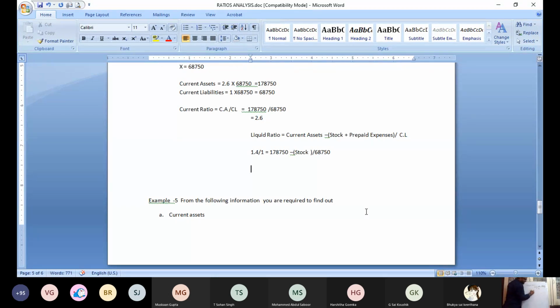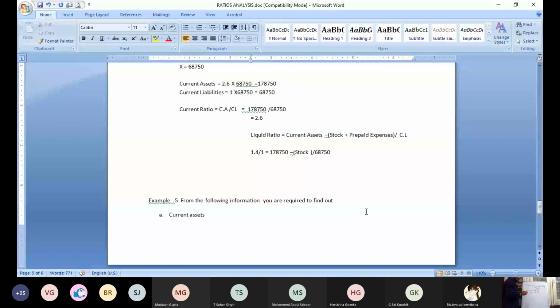You know the current assets, that is 1,78,750. Correct? Yes, sir. Current liabilities is equal to 68,750.